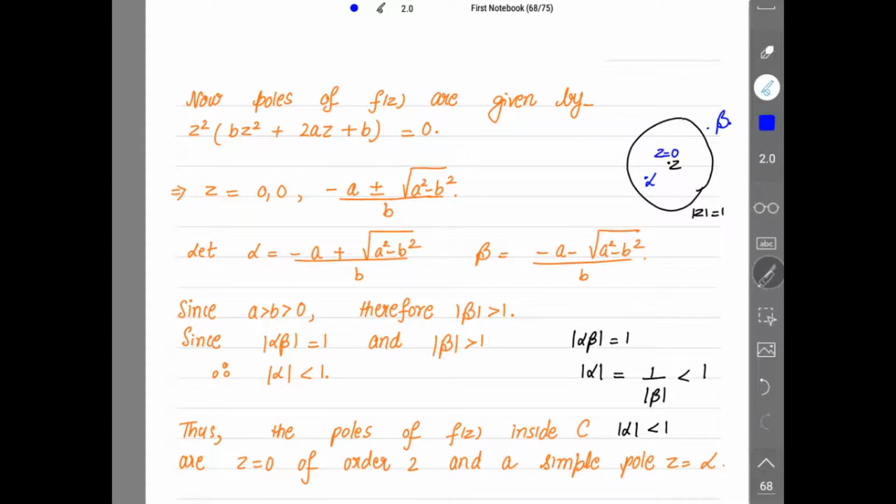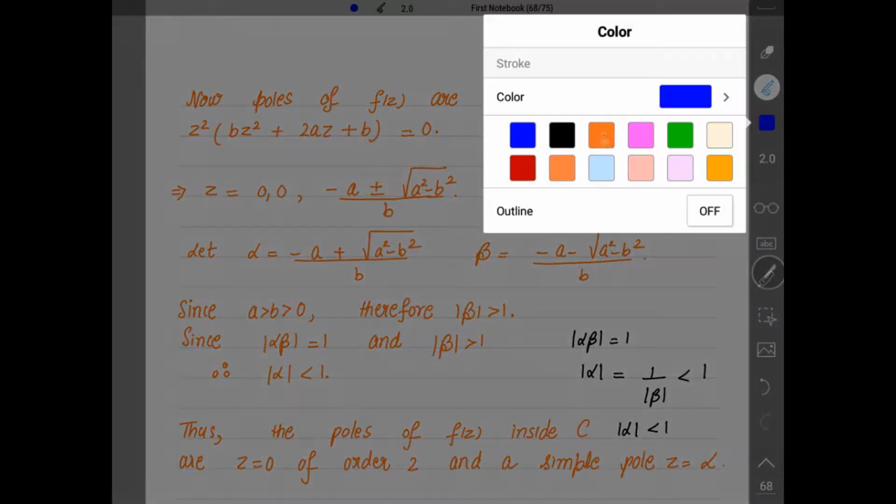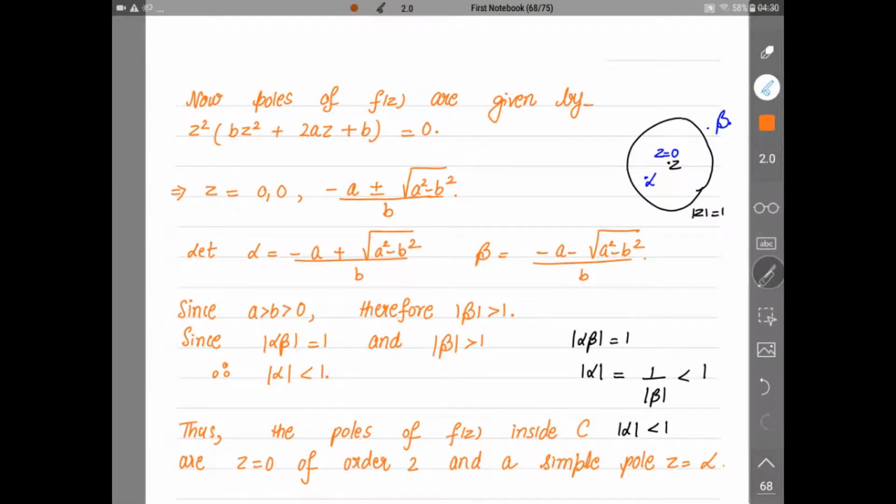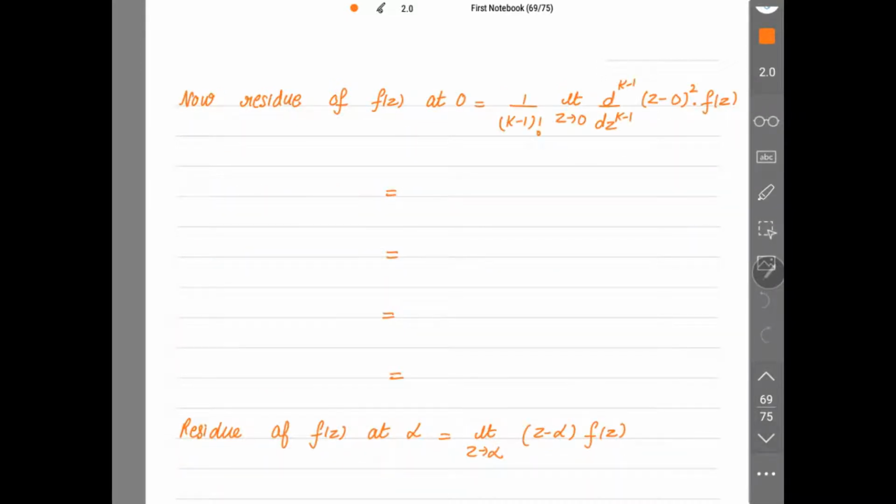So the poles of f(z) which are lying inside the circle are 0 and alpha. 0 is of order 2, plus one simple pole alpha, right? Now I am going to calculate the residue of the function at 0, which is the pole of order 2.